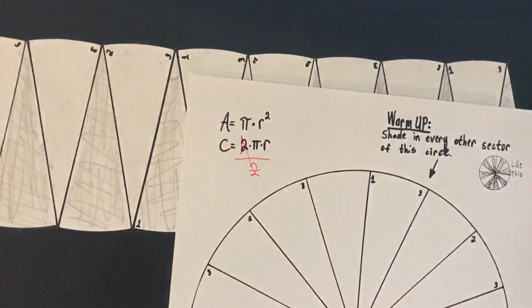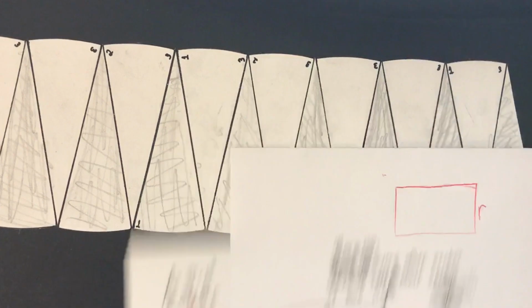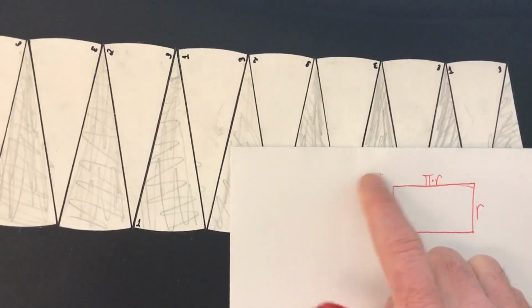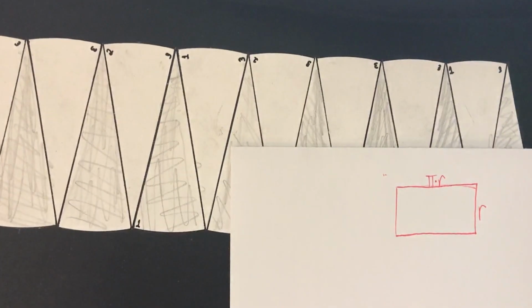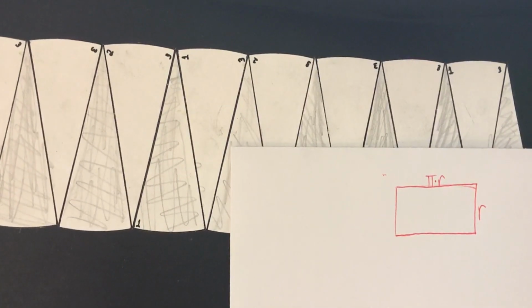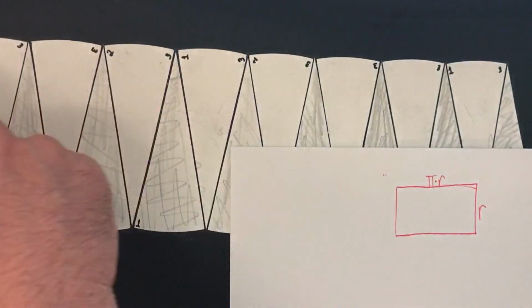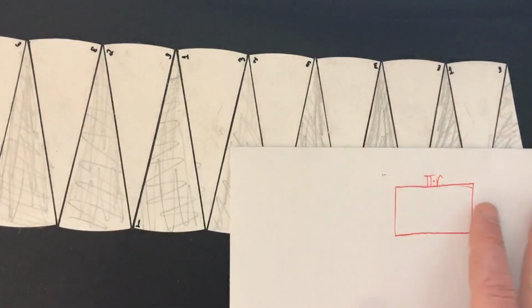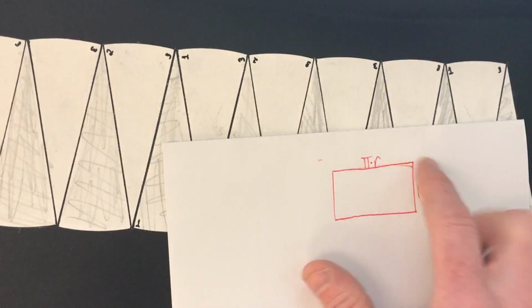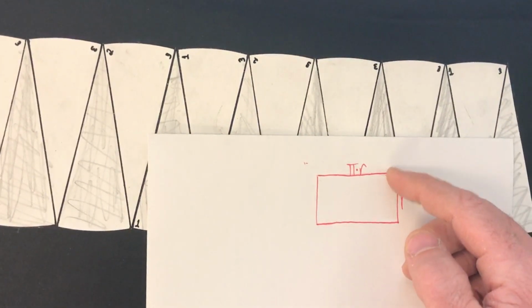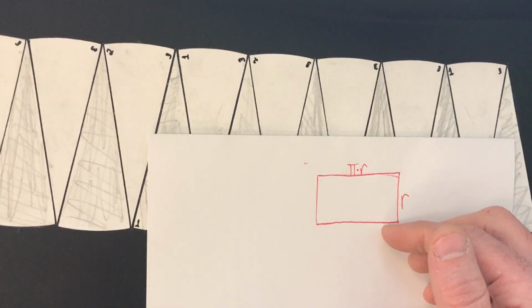It's going to be pi r. So the length of the rectangle is pi r, because it's half of the circumference. Half of 2 pi r is just 1 pi r. This is half of the circumference because it's half of the outside of the circle. So the length is going to be half of the circumference. The width is going to be just the length of the radius.